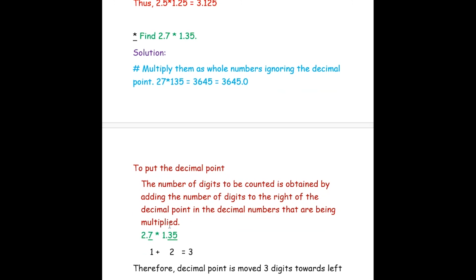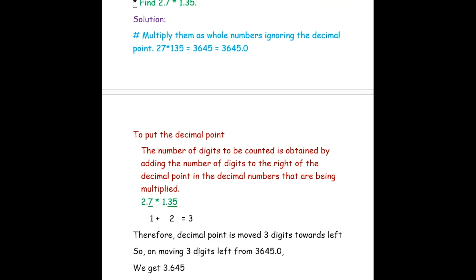Next step, we want to place the decimal point correctly as per our question. We count the number of digits after the decimal point in the numbers to be multiplied. In 2.7 we have 1 digit, and in 1.35 we have 2 digits. So 2 plus 1 is 3. We want to move the decimal point 3 digits towards the left.